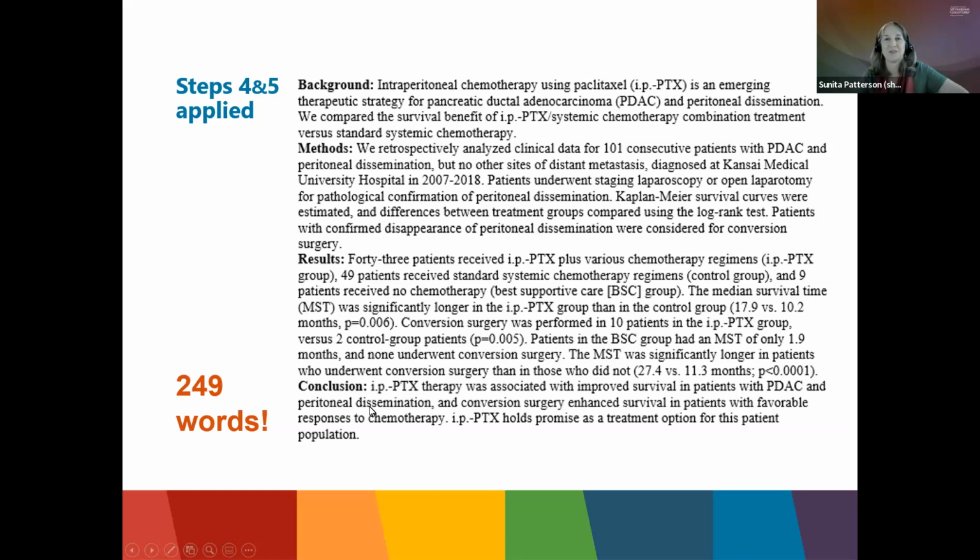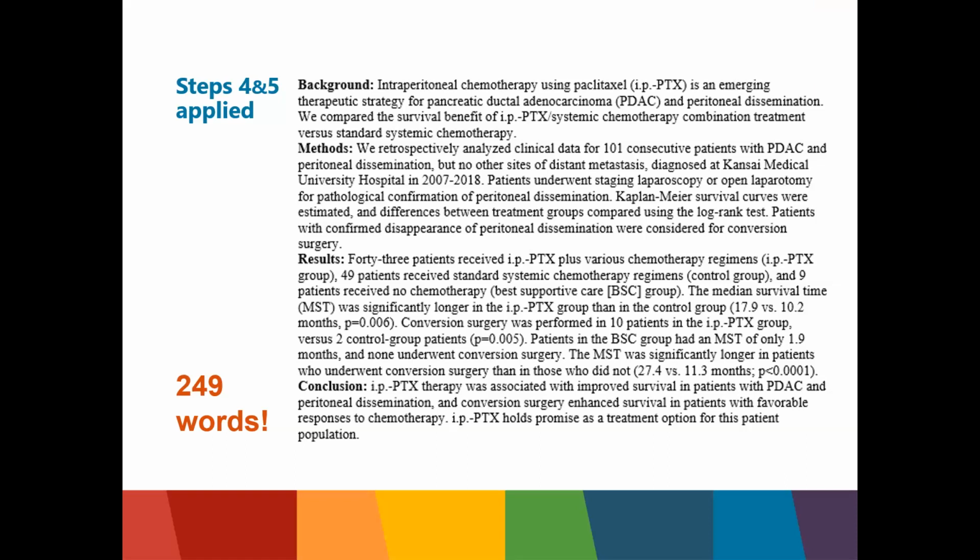Please feel free to unmute if you want to expand on your question. I think I got my answer. I was mainly asking, if there is no structure, how to get a sense of proportions, especially in a non-structured abstract.